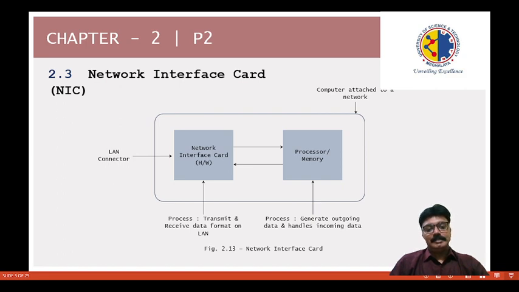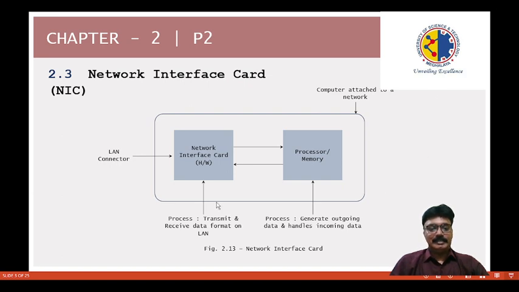This particular device is a computer network hardware device which is embedded with the motherboard of a laptop or desktop computer, and it will be used to connect with the LAN.